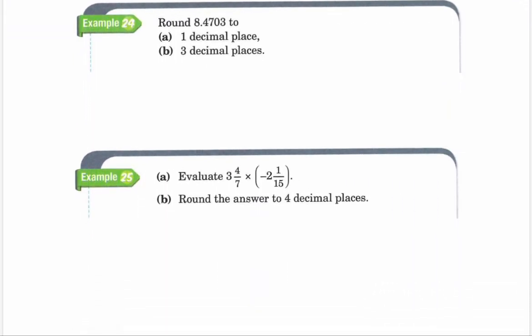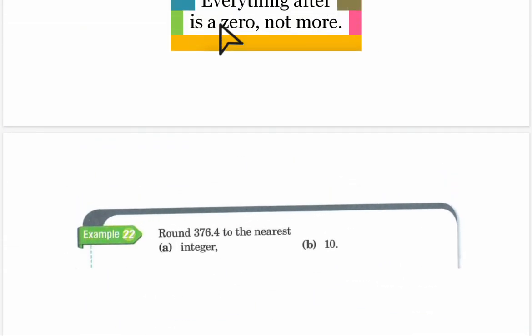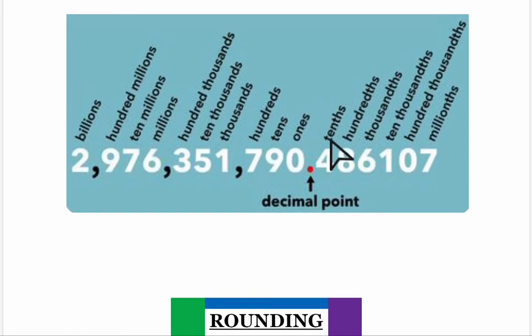So example 24 now. Round 8 point, and let's see, how would we read that? It's 1, 2, 3, 4. Let's go back to our chart to see. 4 digits behind the decimal point. 1, 2, 3, 4.